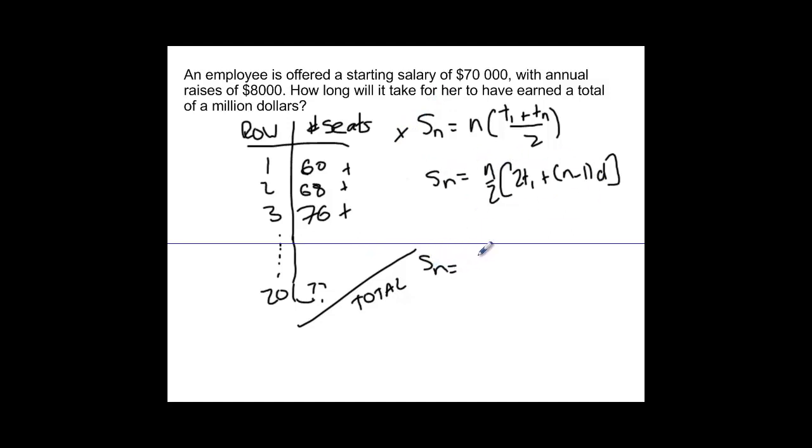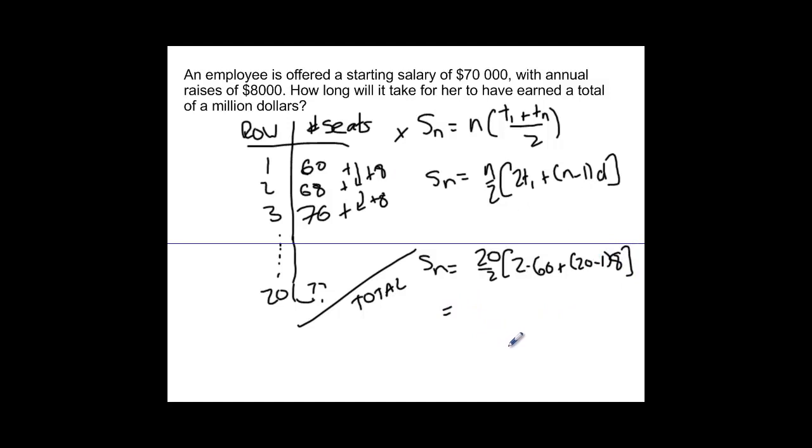I know n, 20 rows. I know my first row has 60 seats. I know that it's 20 rows, that hasn't changed. And my common difference between rows, hopefully that makes sense, each time it's going up by 8.